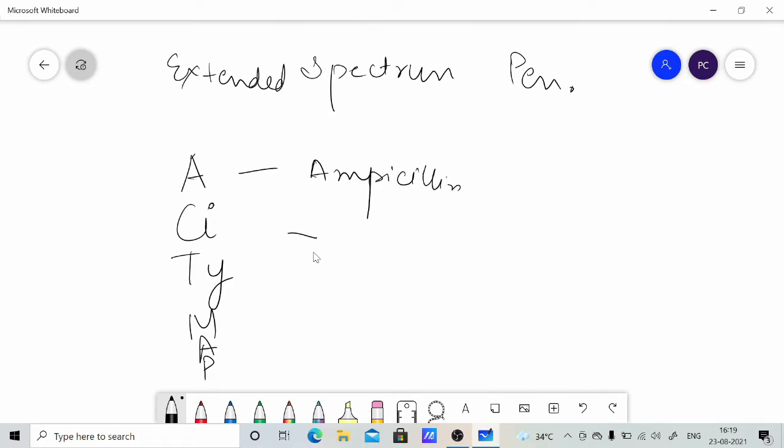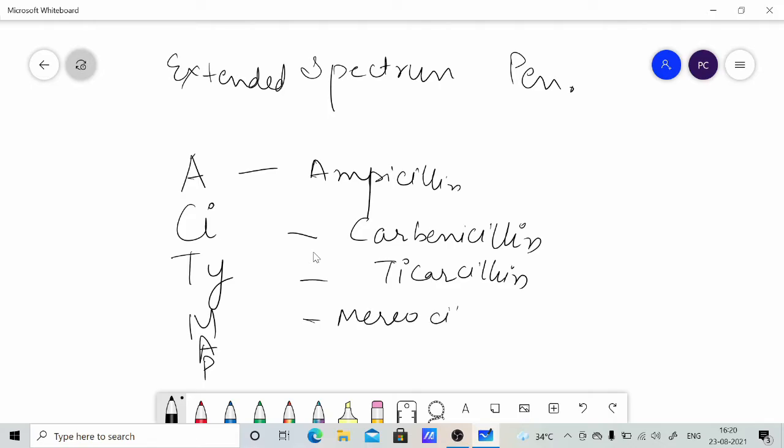From C it is carbenicillin, ticarcillin, methicillin, azlocillin, and piperacillin. These are the extended spectrum penicillins.